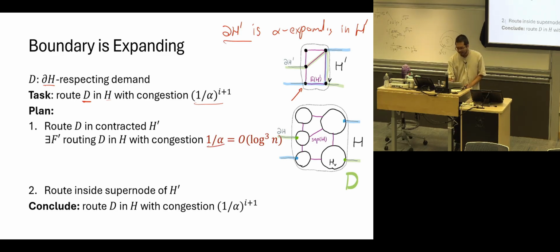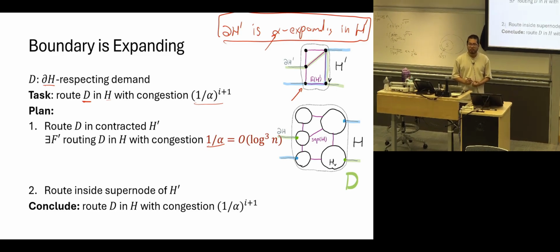Why is this true? We only do phi expanding decomposition. Why do we get alpha expansion? Because to guarantee that the boundary is more expanding. Exactly.